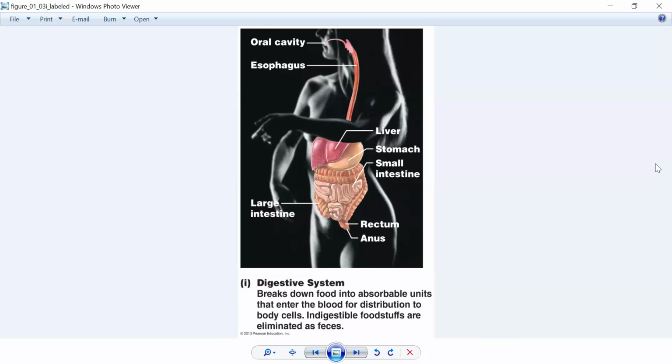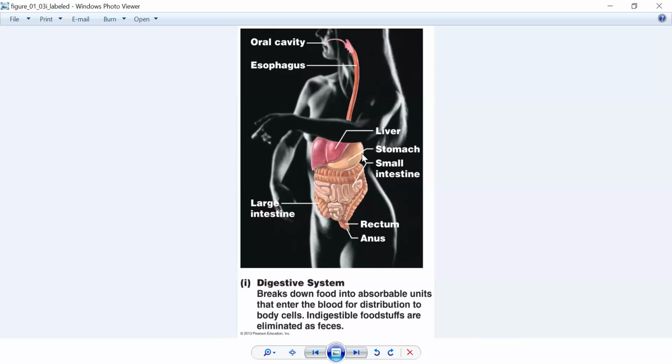Some of the organs here, and let me just trace the pathway as you would swallow food. You start in the oral cavity, you'll start digestion physically by chewing the contents, but also with the aid of enzymes that you may find in saliva. You swallow the contents, they go down through your esophagus.